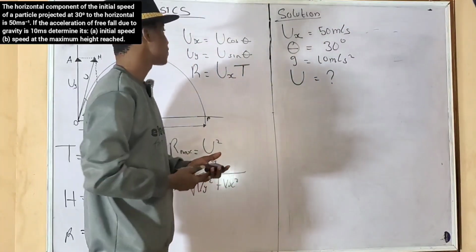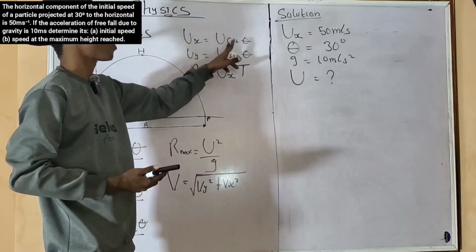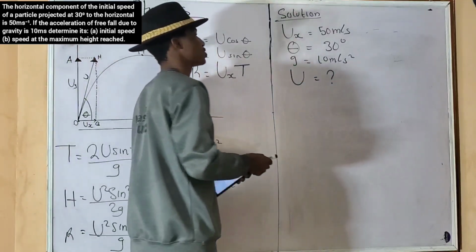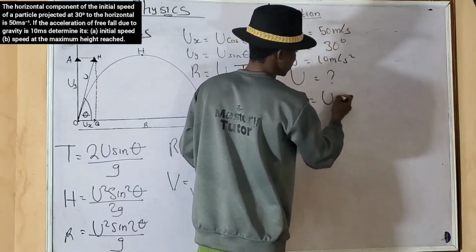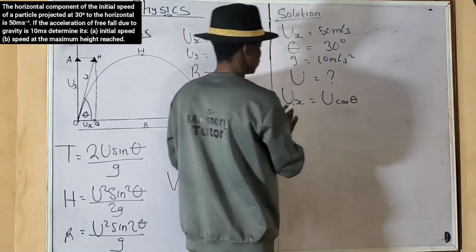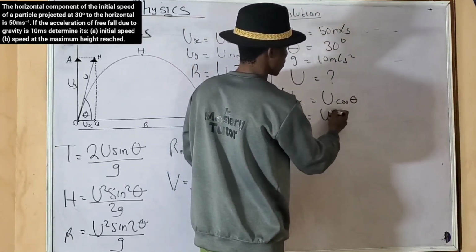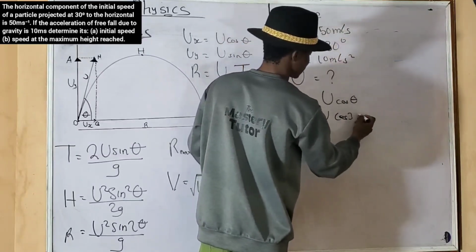Now do not forget that the horizontal component is given by this formula: ux equals u cos theta. Since we know that ux is 50, I'm going to have 50 equals u, which is what you're looking for, times cos theta. Theta is 30 degrees.